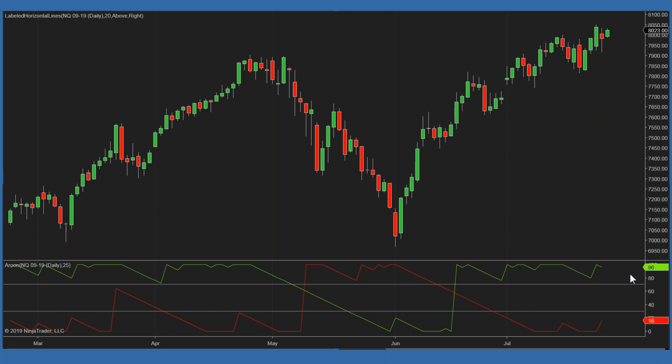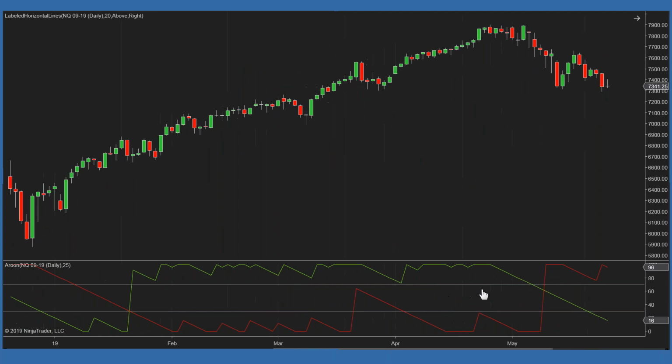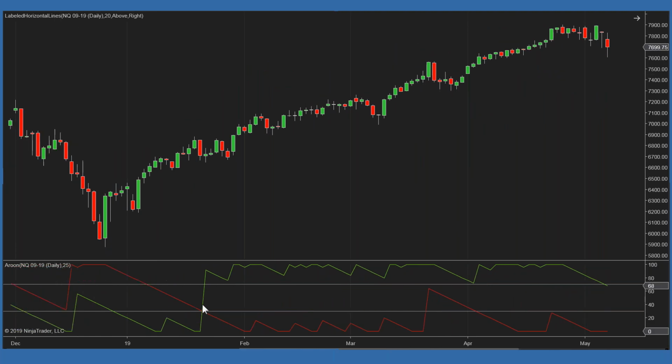What these zones show us, whether you choose 50, 70 and 30, or 80 and 20, is when the indicator is actually becoming more bullish or bearish. So what a lot of traders will do is they'll not just look at the crossover, because sometimes the crossovers can occur at extreme points.